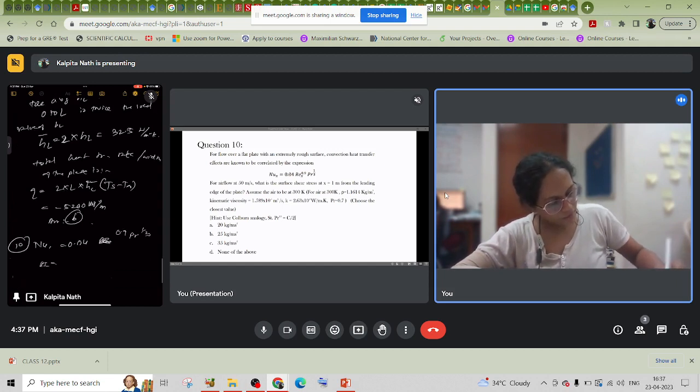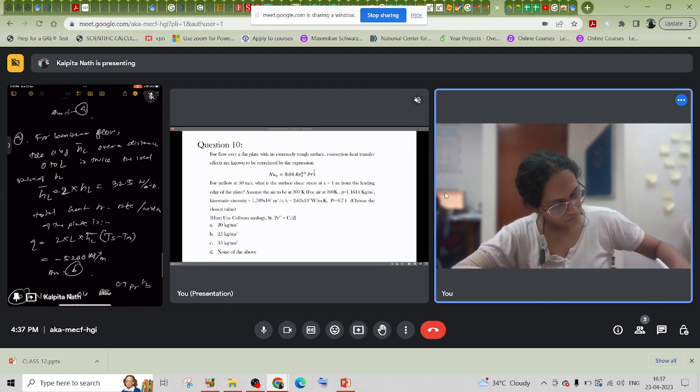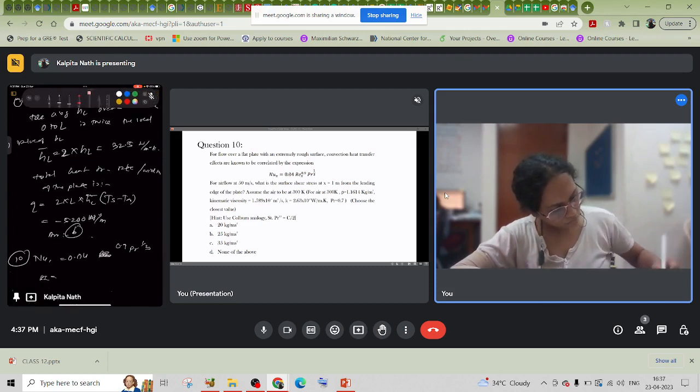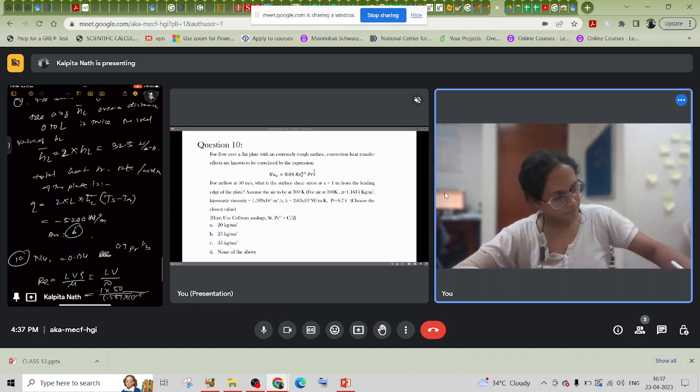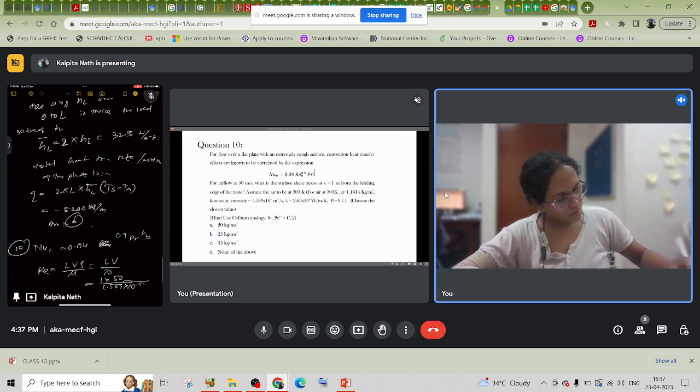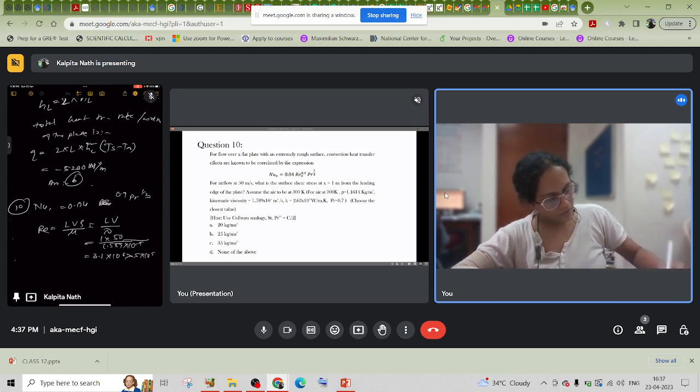Reynolds number is equal to LV rho by mu, which is LV by nu, equal to 1 into 50 upon 1.589 into 10 to the power minus 5, which is equal to 3.1 into 10 to the power 6, far greater than 5 into 10 to the power 5. So the flow is turbulent.